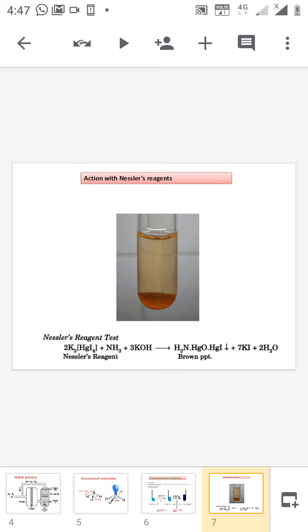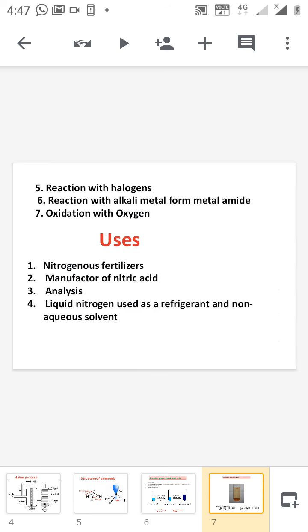This is the molecular formula of this brown precipitate, NH2HgOHgI. This is a very important test for qualitative analysis. The equation, Nessler's reagent formula and the result are all important for your analysis.